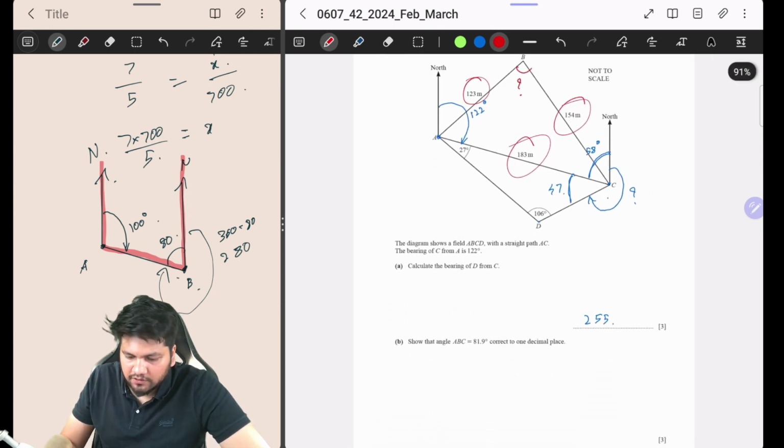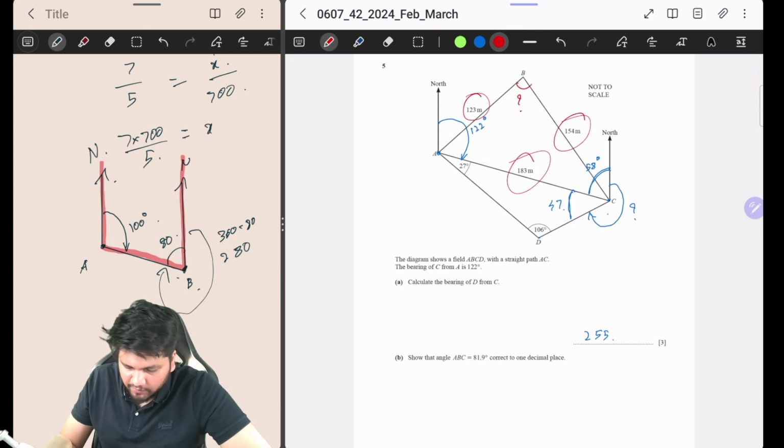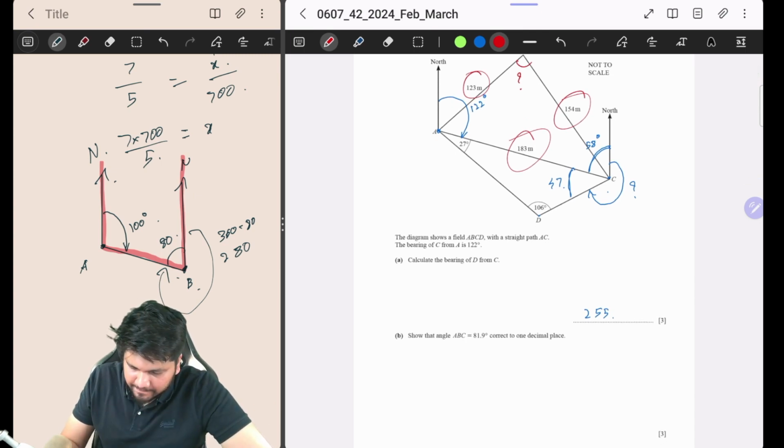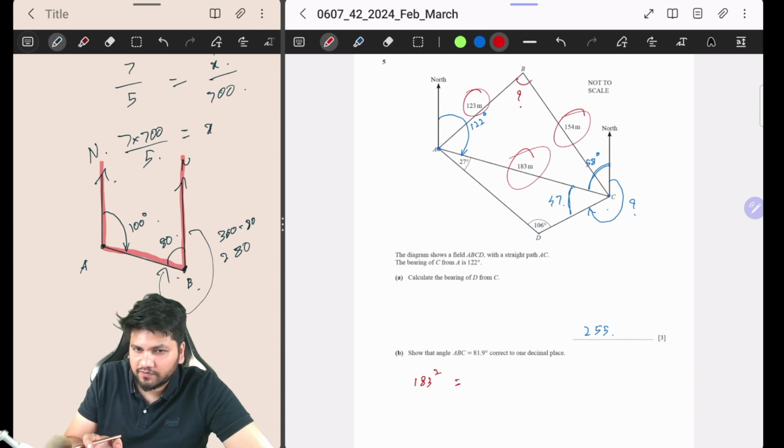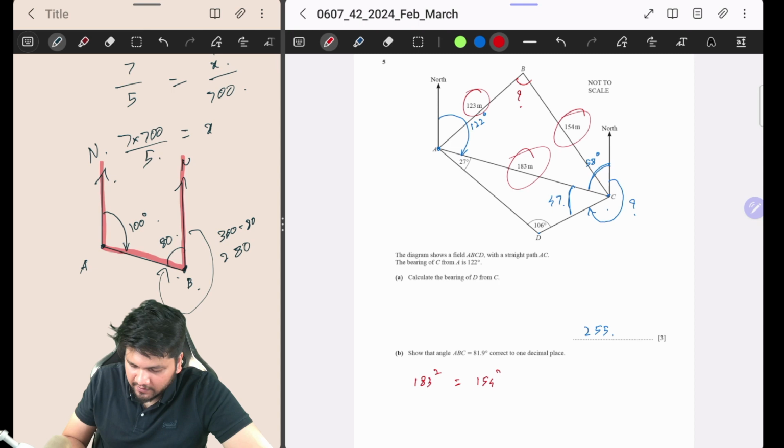Generally for cosine rule, of course you can use the formula booklet, but for this one I prefer this one: 183 squared, the side opposite to it. So 183 squared is going to be 154 minus 123 whole squared, like it's (a minus b) whole squared. So it's going to be 154 squared plus 123 squared minus 2 times 154 times 123 into cos of the angle.